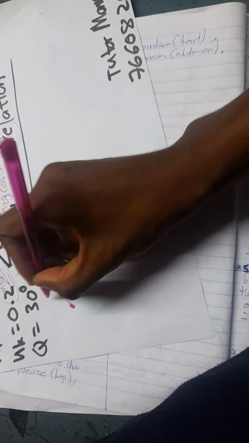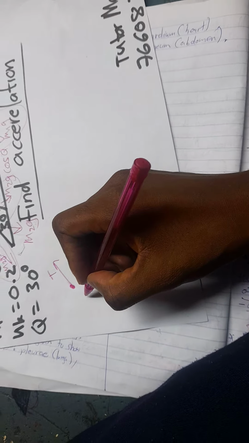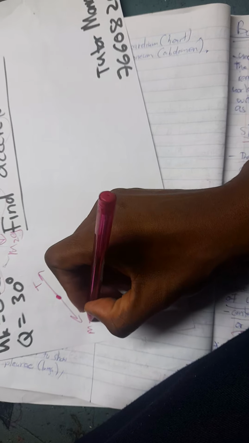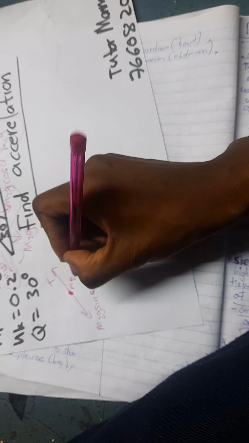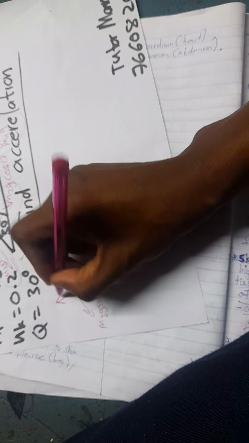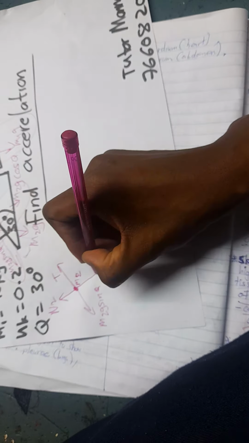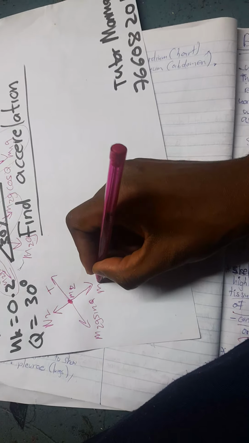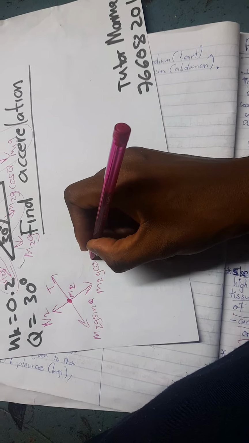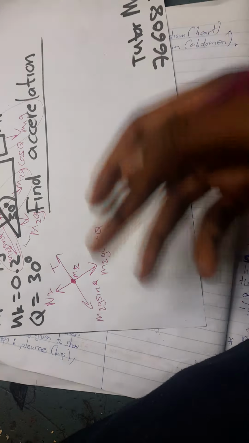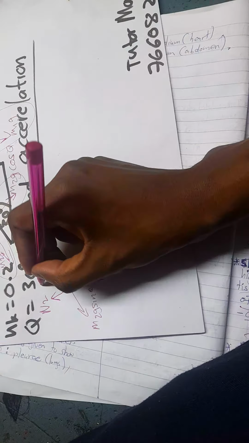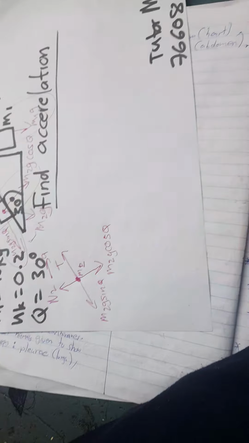You are going to have the tension there, and you are going to have the m2g sin theta, and this is mass 2, and this is N2, and this is m2g cos theta. You can substitute the value of cos theta there, no problem, and show the direction of acceleration.